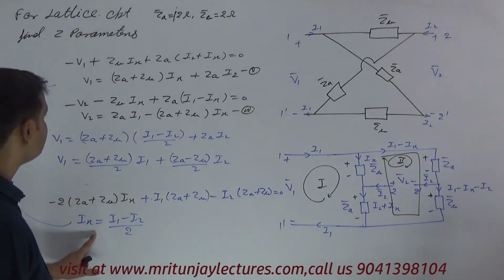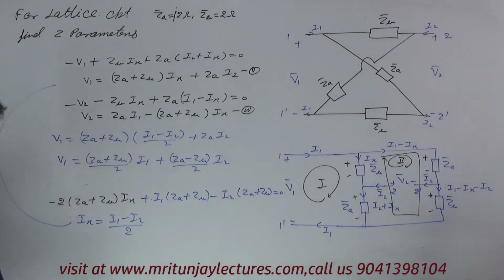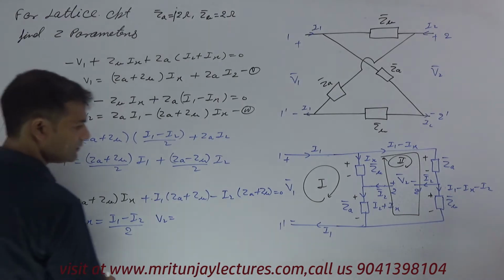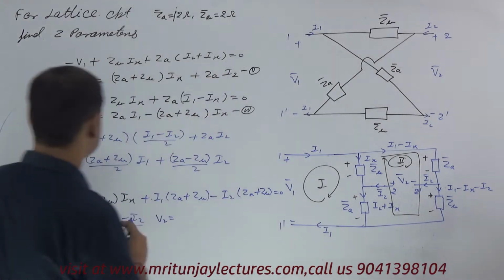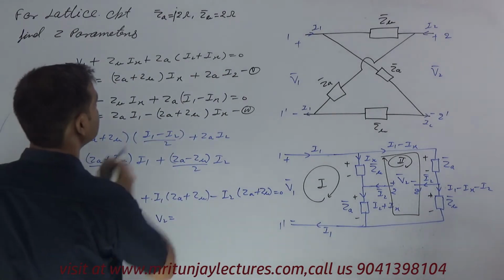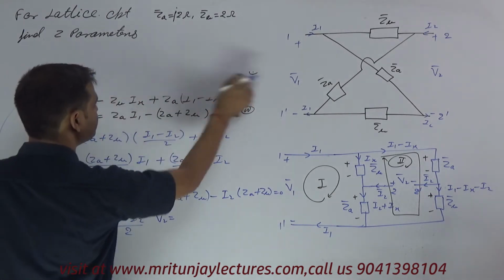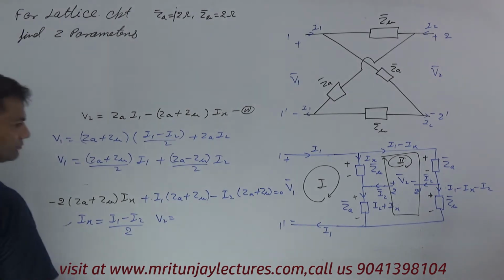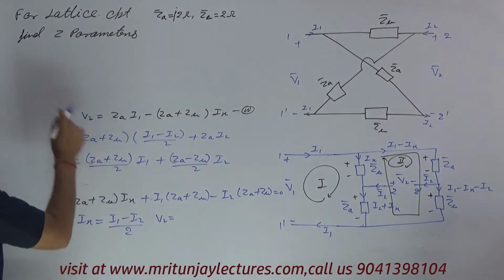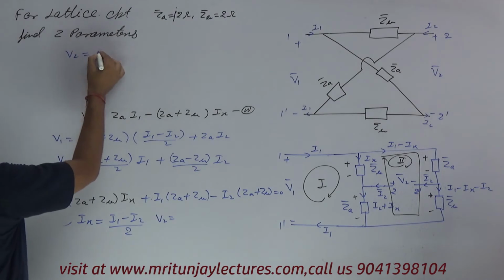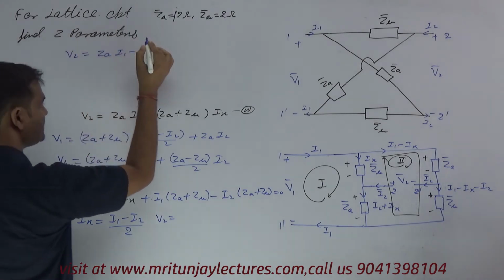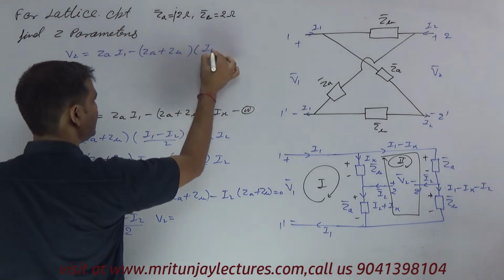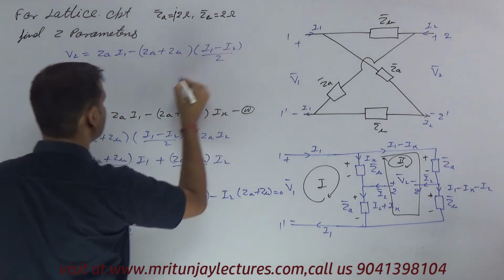Okay. Now if this value is put in equation number 2, then we get V2, this is equal to ZA I1 minus (ZA plus ZB) into (I1 minus I2) divided by 2.